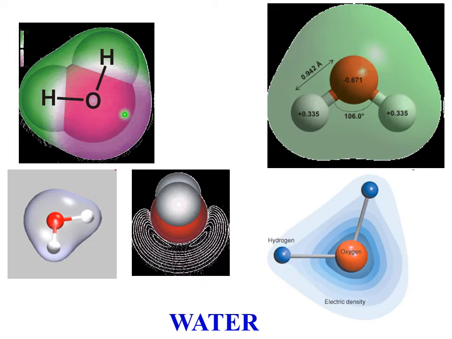So this red is negative, this green is positive, or you can see that electron density is here and to a lesser extent around hydrogens. You can make a more detailed plot if you are familiar with the concept of lone pairs. You can see 2 lone pairs here, but they are not separated. You have one cloud of electron density around the oxygen atom.